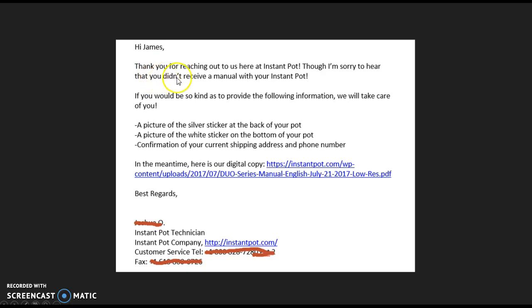Notice that this is informal, James, contraction. Now it becomes rather formal, if you would be so kind as. But notice the strengths of they could have bulleted this, but instead they put hyphens. And then they provided a digital copy.